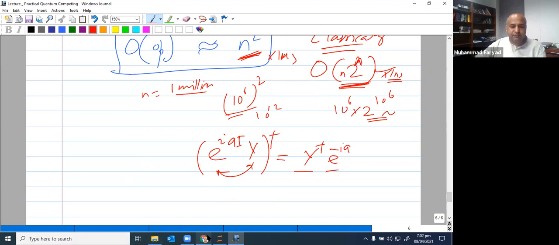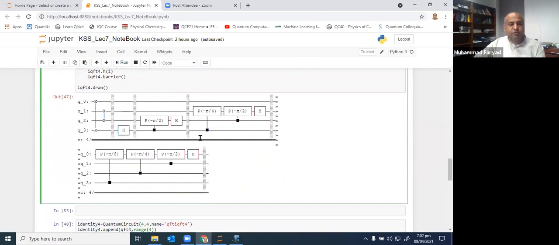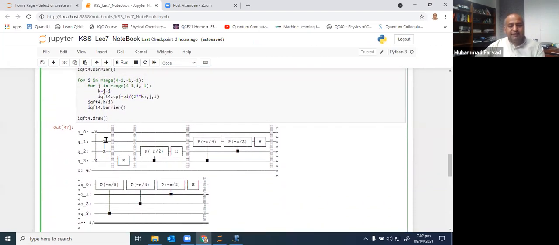the phase as well. Okay, so here you see I have an exact reversal of that circuit. First I'm applying the swap gates, because the inversion of swap is the swap again, and then the inversion of Hadamard is the Hadamard.